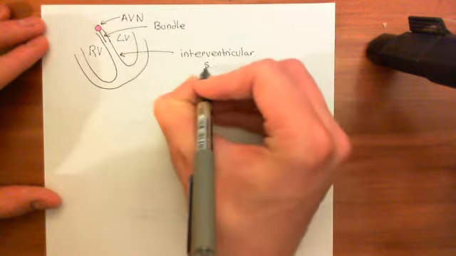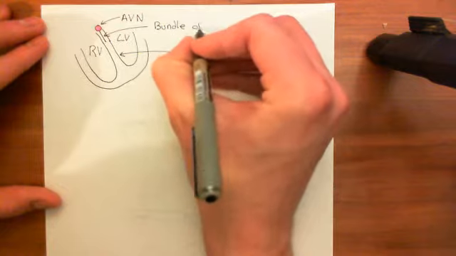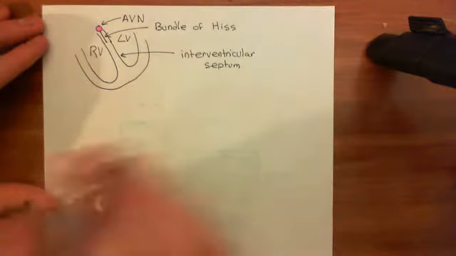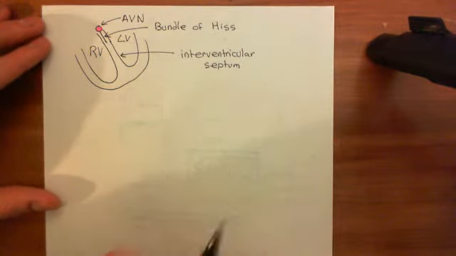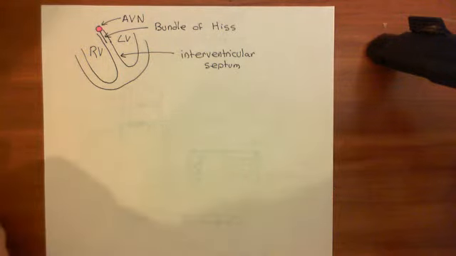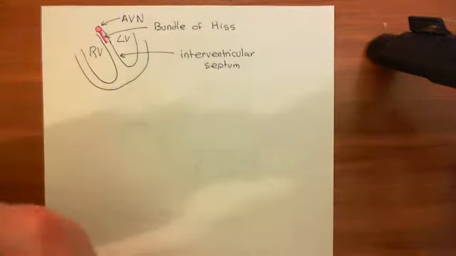Basically, the bundle of His is going to conduct the cardiac action potential down through this wall without passing it to the normal contractile muscle cells yet. So it's just going through these special conduction fibers. So here's the bundle of His.